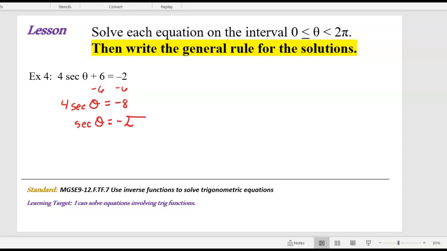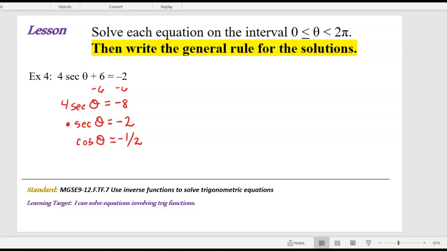Now here's the beauty of secant. We always think of it in terms of cosine. So if we're trying to solve the equation secant of theta equals -2, that equation is 100% equivalent to, meaning has the same solution set as, cosine theta equals the reciprocal. We've played this game over and over, right? So the reciprocal of -2 is -1/2.